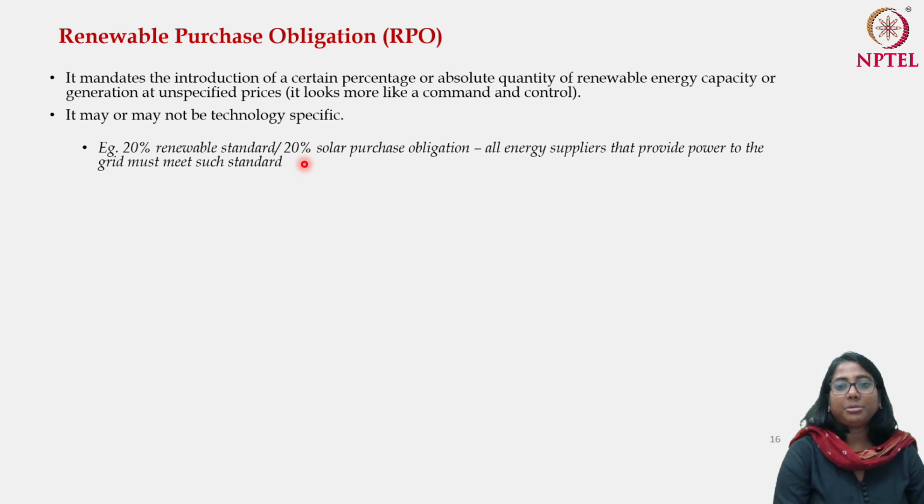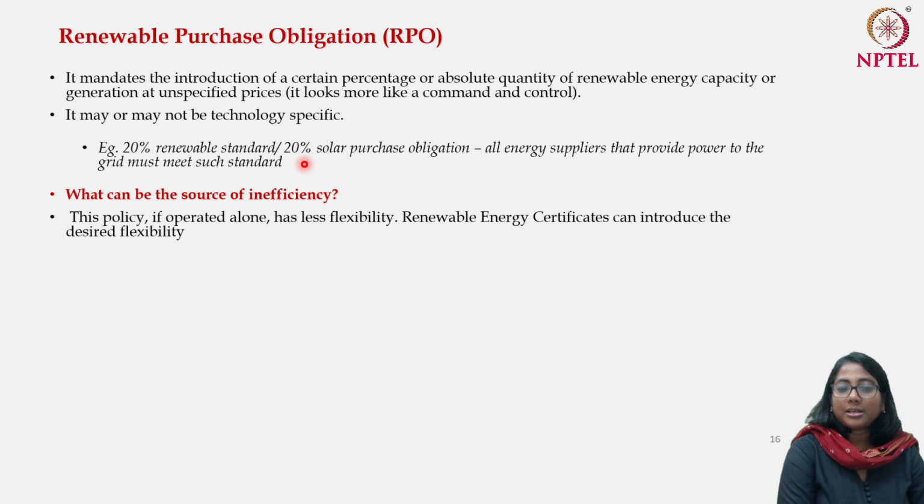Now, what will these people do? They probably have to set up a small solar plant somewhere, produce solar energy and supply it to the grid. But it might be very, very expensive for them. As a result, this kind of inflexibility, which is a typical feature of command and control policy, leads to a sort of inefficiency in the whole system if RPOs are implemented as a standalone instrument.